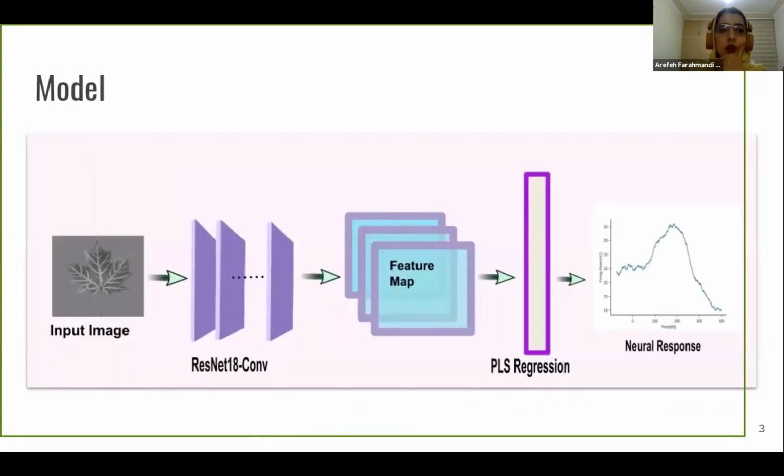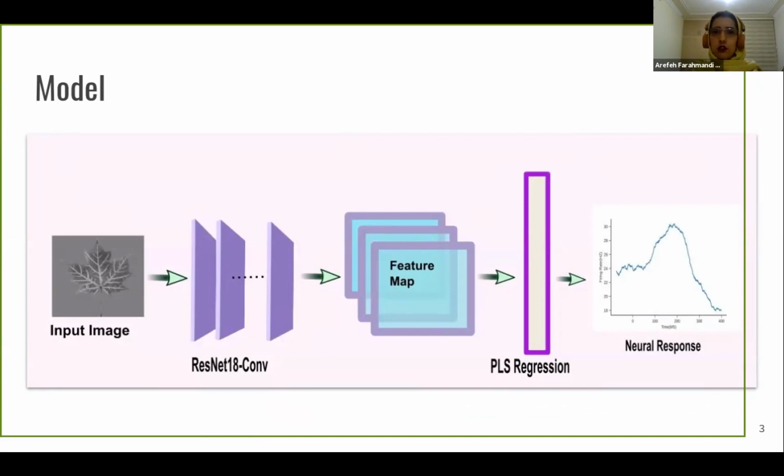Our goal is to design a model which gets our image and produces the neural response, I mean artificial neural response for us. So we do this work in two steps. First of all, we use a pre-trained ResNet.